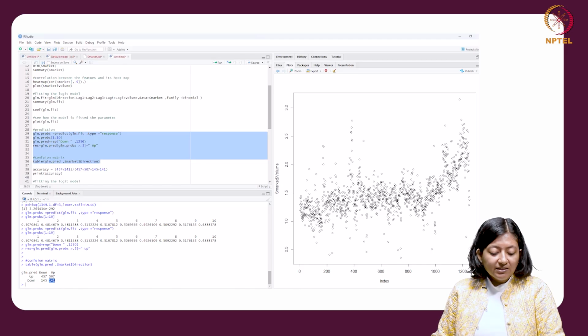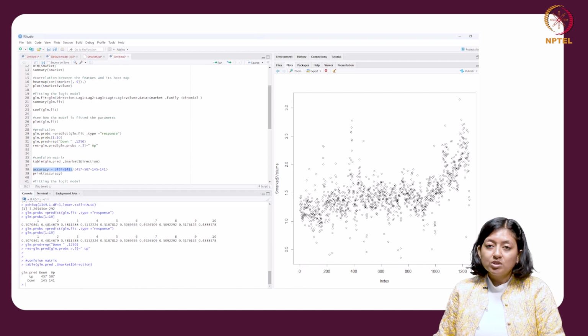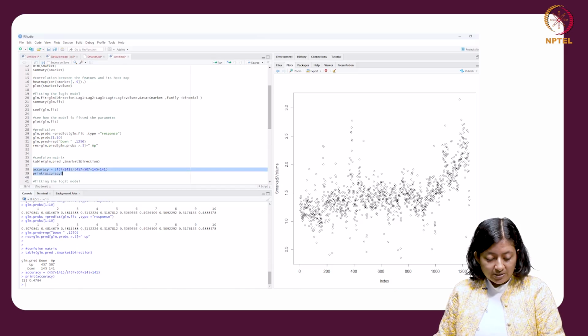So we can calculate the amount of accuracy by looking at the number of false positives and false negatives out of the total number of predictions. And that would give us a measure of accuracy. So as you can see, this particular model only has about 47% or slightly less than 50% rate of accuracy.